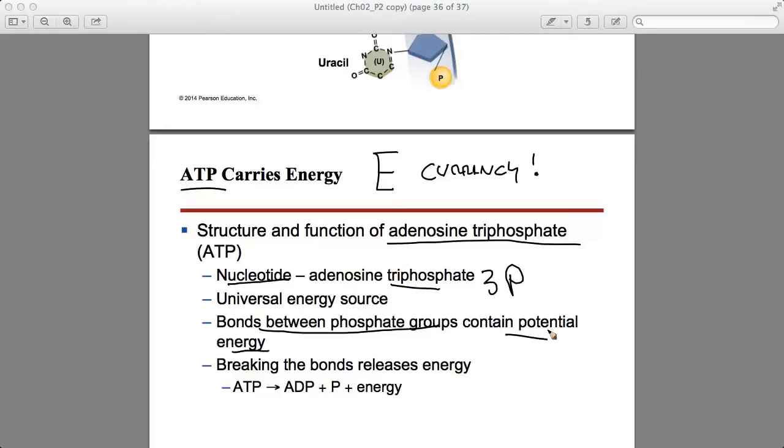So when you break down those bonds, you liberate or release quite a bit of energy. So here it is, ATP, rather unstable molecule, and there's three phosphates here. If you lose one phosphate, you end up with adenosine diphosphate. You went from triphosphate to diphosphate, from 3 to 2, plus this 1. And that liberates energy.